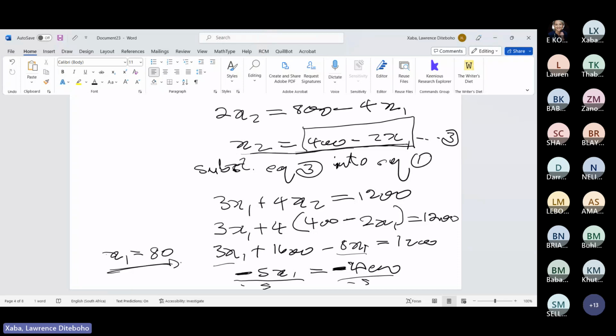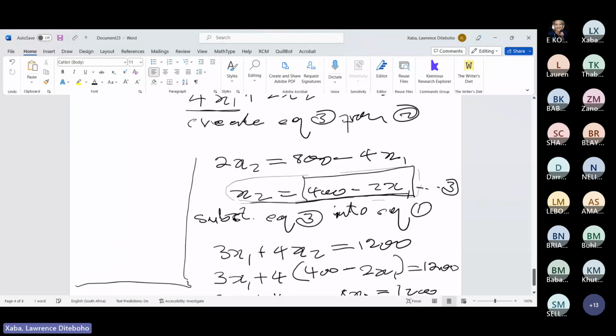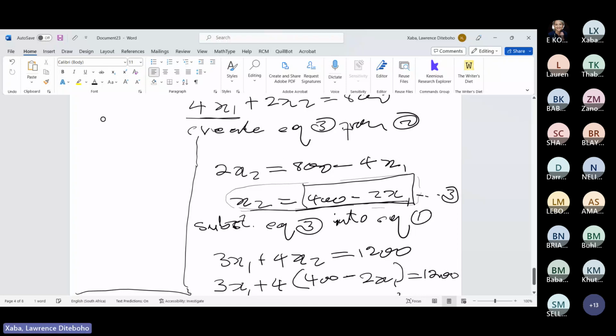Remember, we used equation 2 to create 3, and we substituted 3 into 1, but we have never used equation 3 for the value. So now we take equation 3 and substitute x1 equals 80 into it.